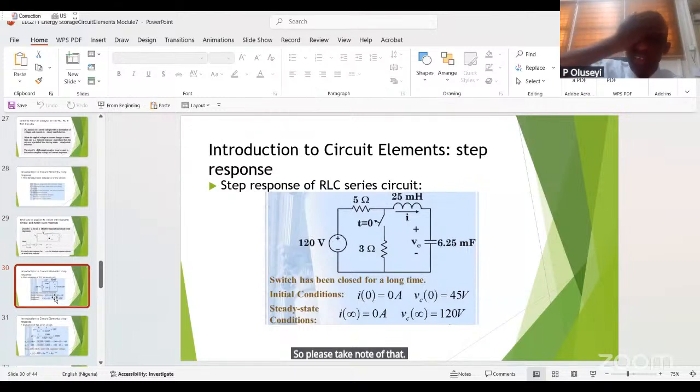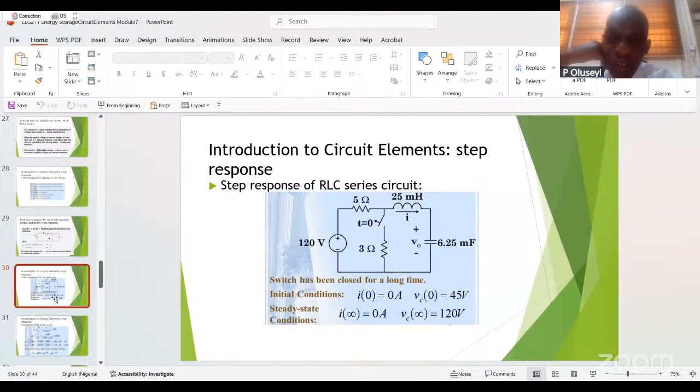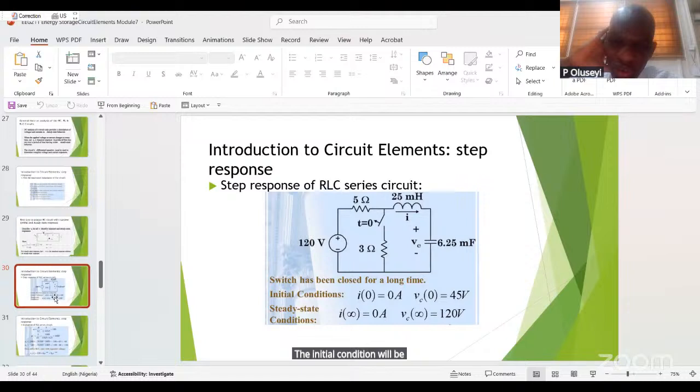Then we have another circuit of this nature, in which case we have the RLC circuit. When the switch has been closed for a long time, the initial conditions are I of 0 equal to 0 amp, while VC of 0 is equal to 45 volts.